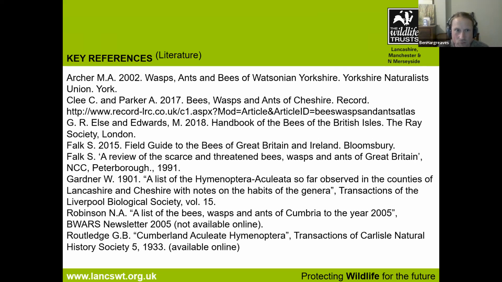If you want local resources, again you can pick up second-hand copies, sometimes online, for Lancashire and Cheshire. Unfortunately, the most relevant Cumbrian reference is not available online, but if anybody wants a copy of that, feel free to drop me an email.